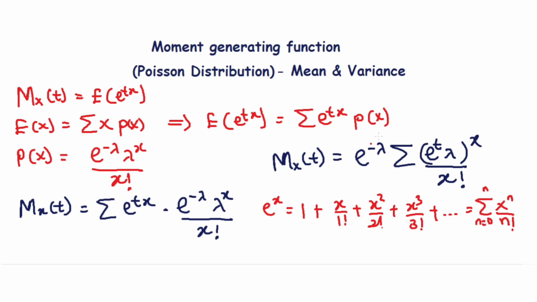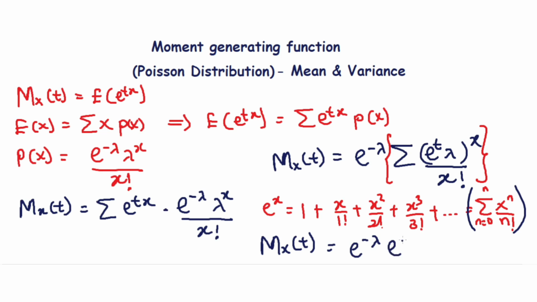If I compare this expression here with this one here, then I can see that e raised to the power of t lambda is like my x, and this x is representing my n, which means that I can rewrite my M_X(t) to be e raised to the power of minus lambda times e to the power of lambda e^t.